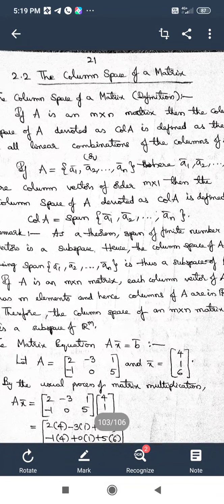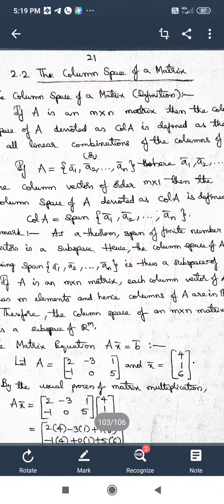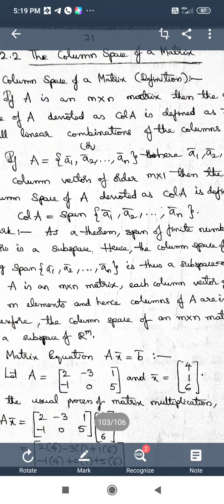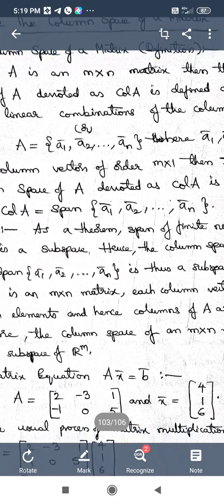But in the second definition of the column space of a matrix, I want to give the entries of the matrix also, to make it more clear. So in the second form of the definition, let us take the matrix A as m by n, where the matrix A is represented by column vectors.